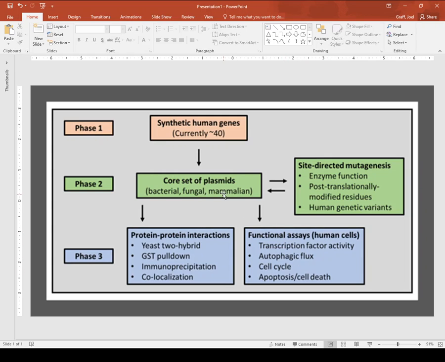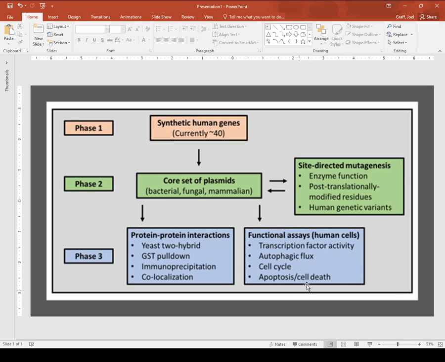Using those plasmids, we can overexpress the gene of interest in human cells and test whether having an abnormally high level of the protein of interest can change transcription factor activity, or increase or reduce autophagy. The cell cycle might be impacted by our proteins, and then we can also look at apoptosis and cell death to see if our proteins of interest might cause those to be over or underexpressed.